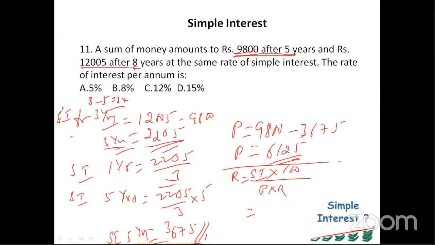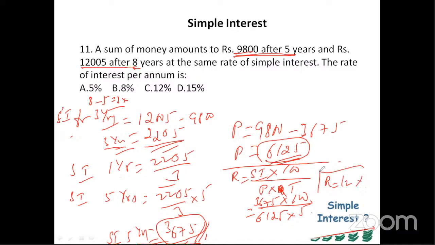We have got 3,675 rupees for 5 years into 100 divided by the principal amount 6,125 rupees into T, where T is 5 years. So on solving this, we get the rate of interest as 12%.